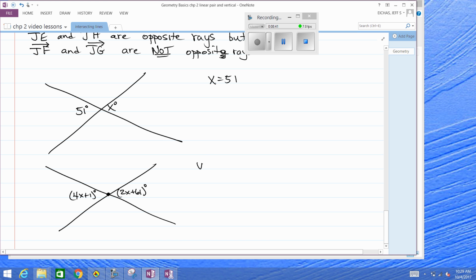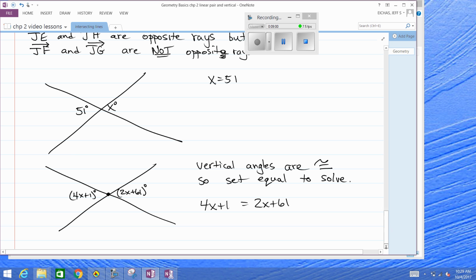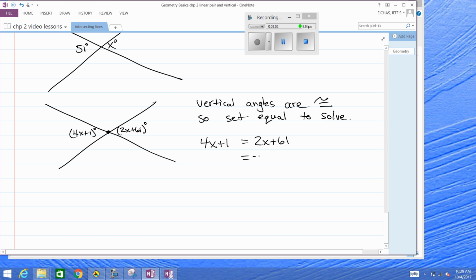So vertical angles are congruent. This is the symbol for congruent. So set equal to solve. This is what I mean by set them equal. So 4x plus 1 equals 2x plus 61. Then we'll subtract 2x.